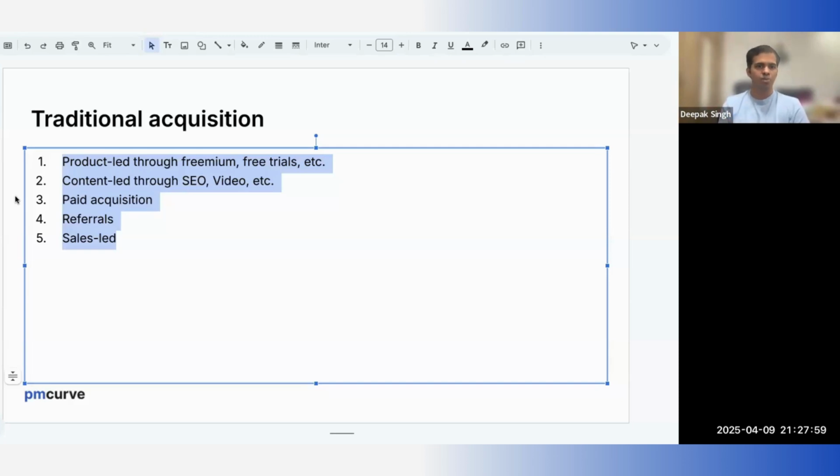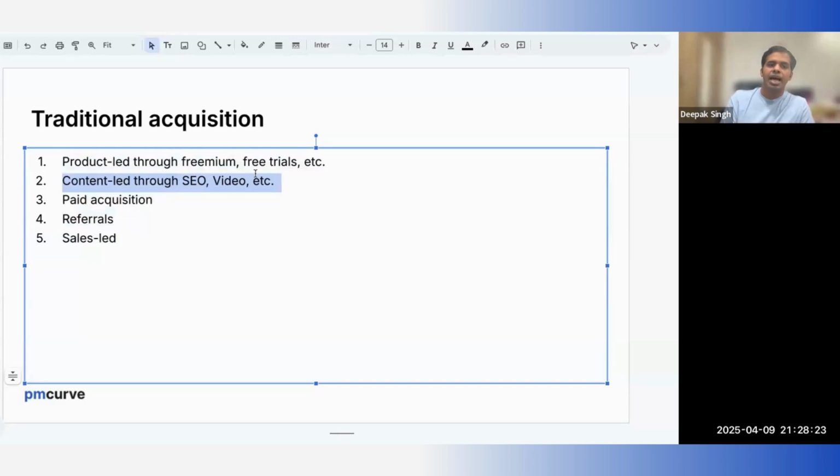So while you have done a lot of product improvement, your overall retention has gone down, or your overall activation has gone down. Now, if you as a PM don't understand acquisition very, very well, you can't point your finger to where that problem has come from. Has it come from your freemium or free trial changes? Has it come from SEO or video based acquisition?